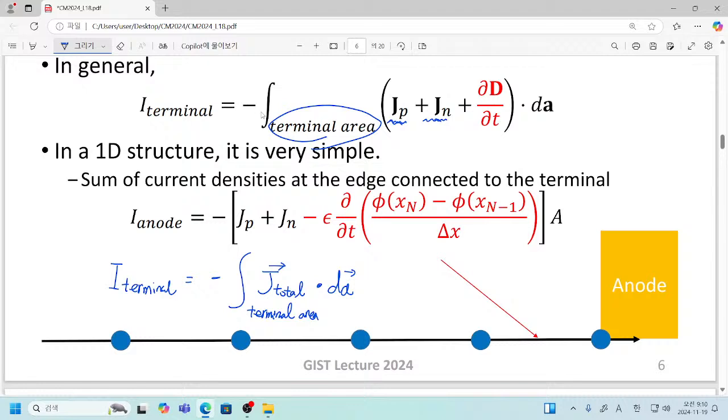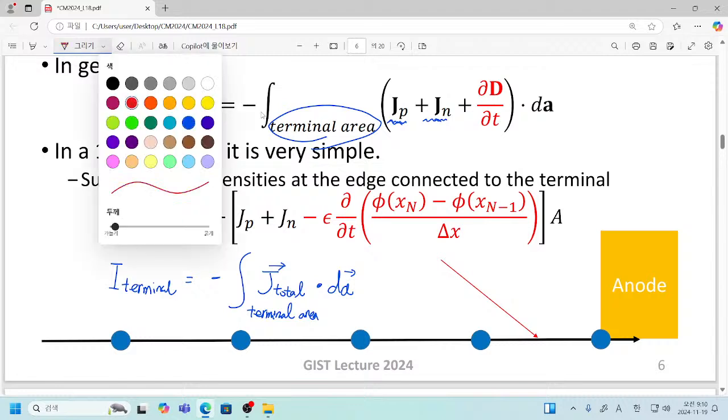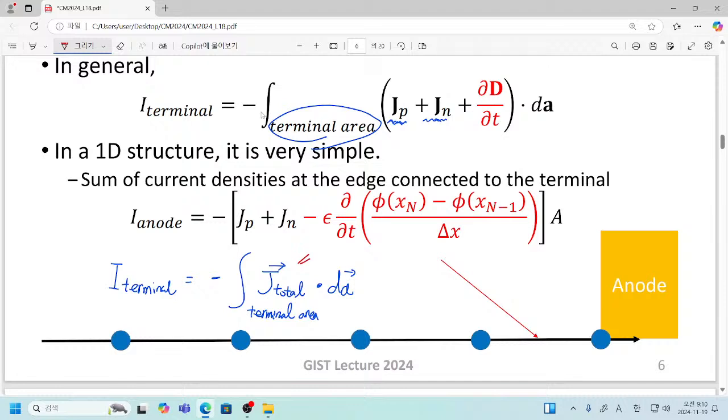For example, if we consider drain, then we must integrate our total current density vector over the drain contact. Then the natural question is, what is this J total? Total here means containing every contribution from every mechanism.